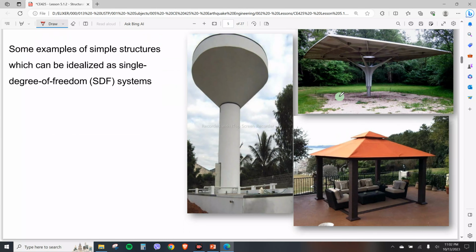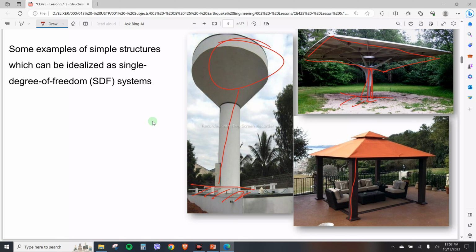Okay, moving on. We have here samples of an SDOF system, or single degree of freedom systems. On this side, we have a water tank, which can be idealized like a lump mass on the top with a massless column. On the other one, we also have a mass on the topmost supported by a column.